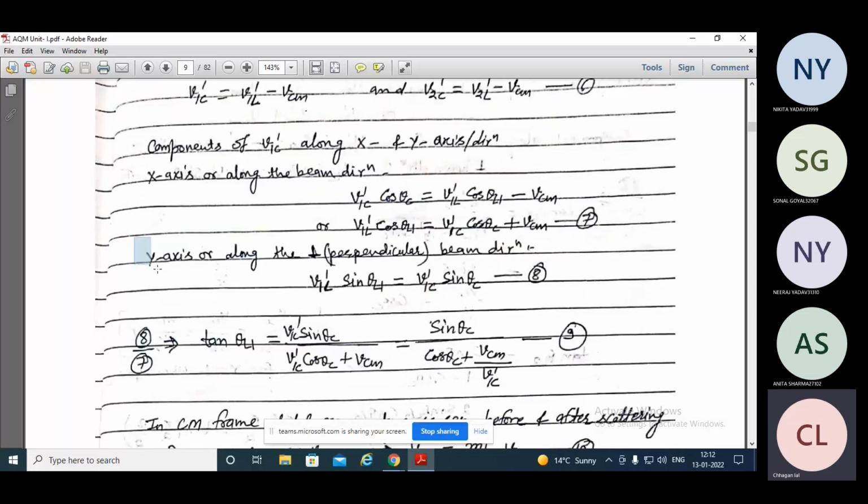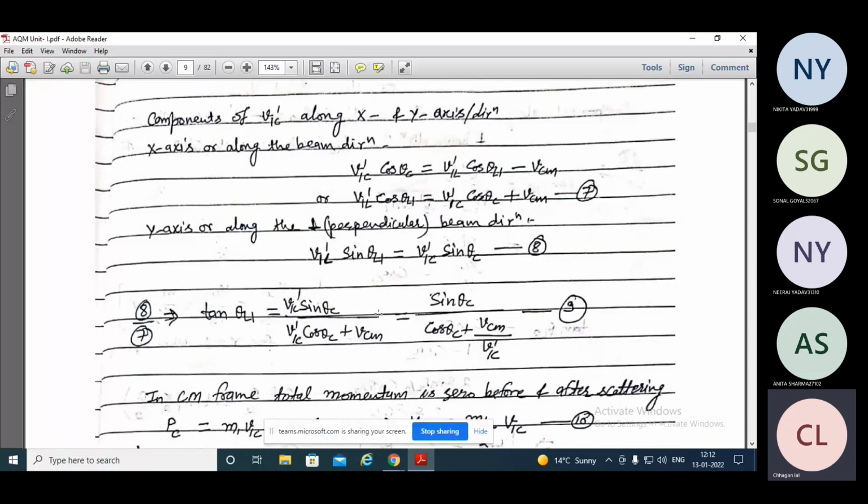Now along the y-axis, perpendicular to the beam direction, V1L prime sin theta L1 equals V1C prime sin theta C. This is equation number 8. Now we can calculate a term like tan theta, as we did yesterday.